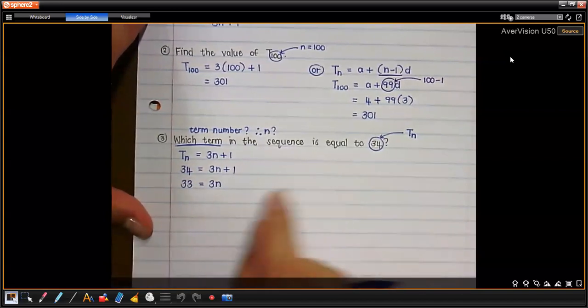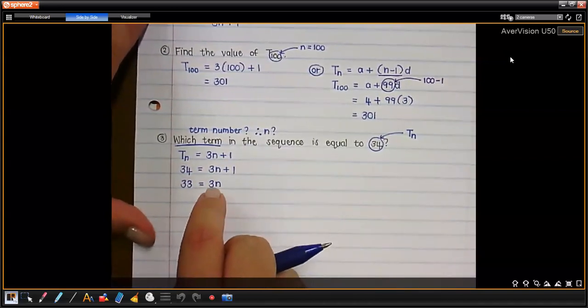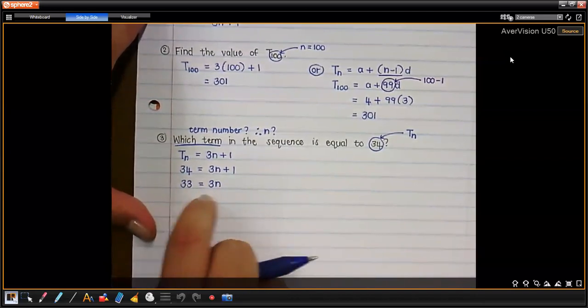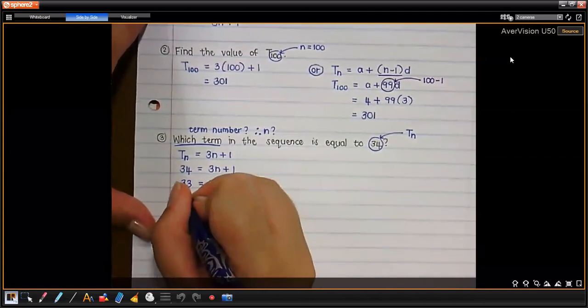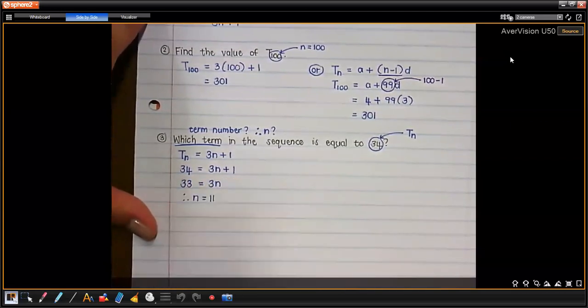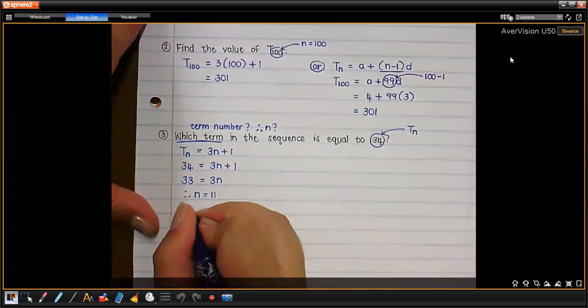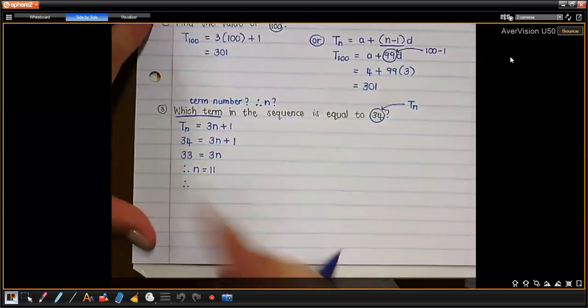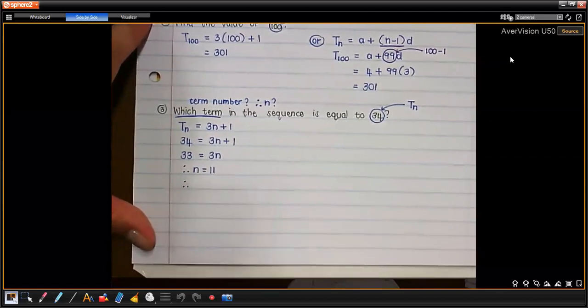And then what must I do to get rid of this 3 in front of the n? Divide by 3, right? 33 divided by 3 is 11. So n is equal to 11. And what does that mean? This is kind of an optional statement. Please write it for this example, so that you know what that answer actually means. You're saying that n is 11.